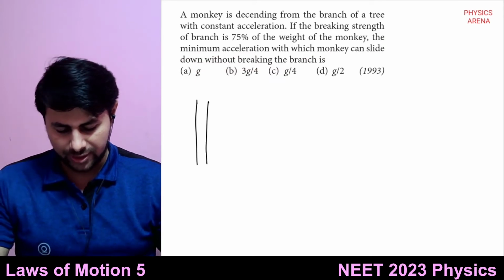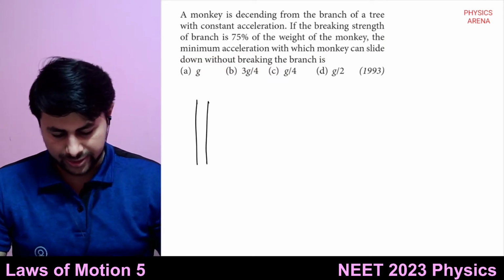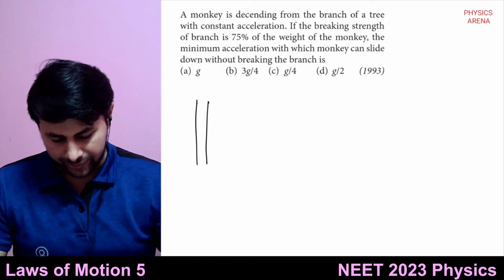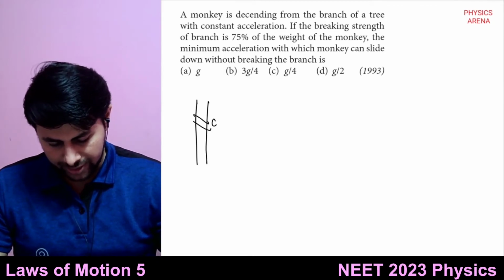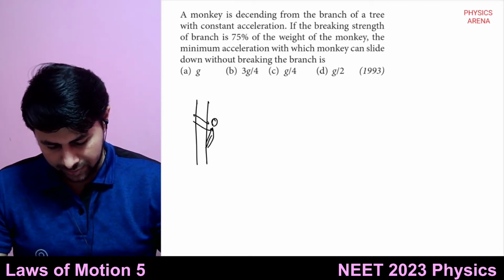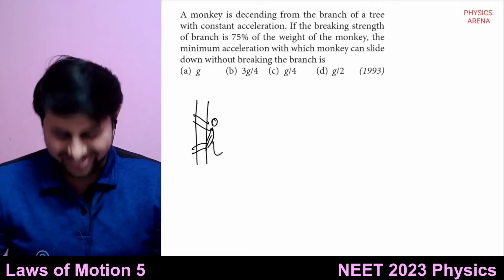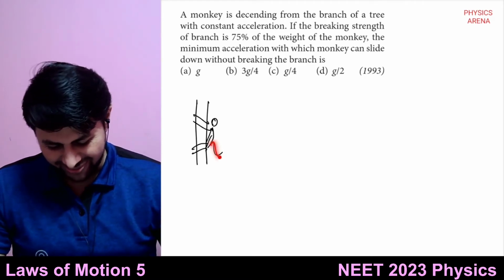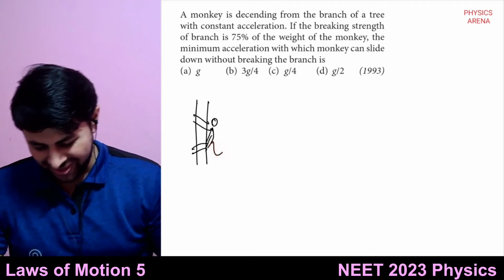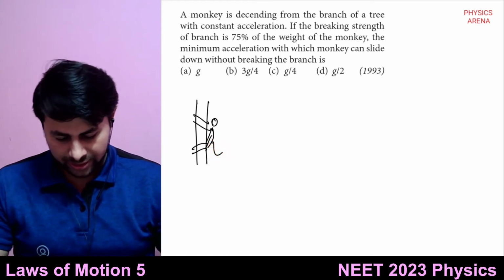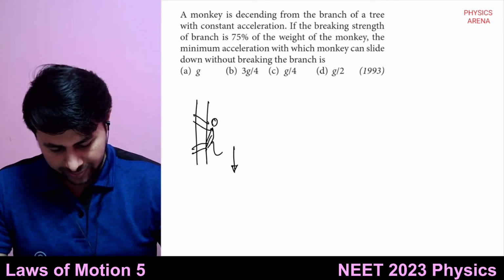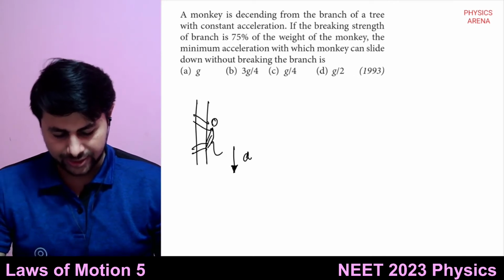Let's suppose this is the branch of the tree and it is vertical, and the monkey. What's the difference between man and the monkey? Monkey has got a tail. Okay, so he is descending downwards with acceleration a.